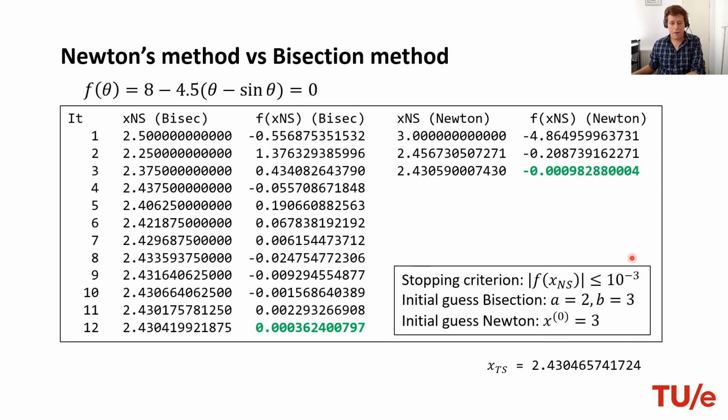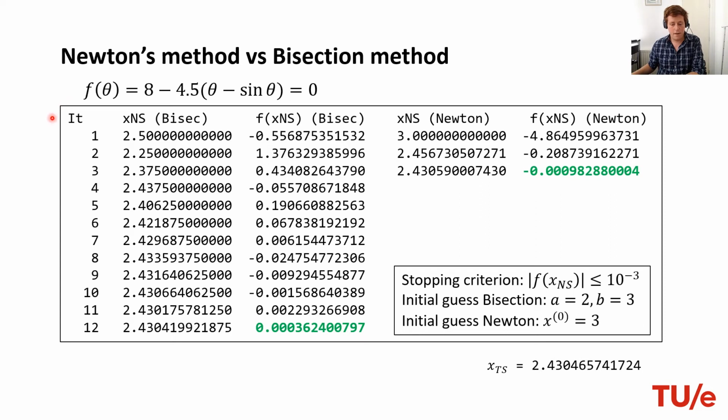So let's compare this to the bisection method for the exact same problem with the exact same stopping criteria. The bisection method was started with an interval where the true solution lies between 2 and 3. And we started Newton's method with an initial guess of x0 equal to 3.